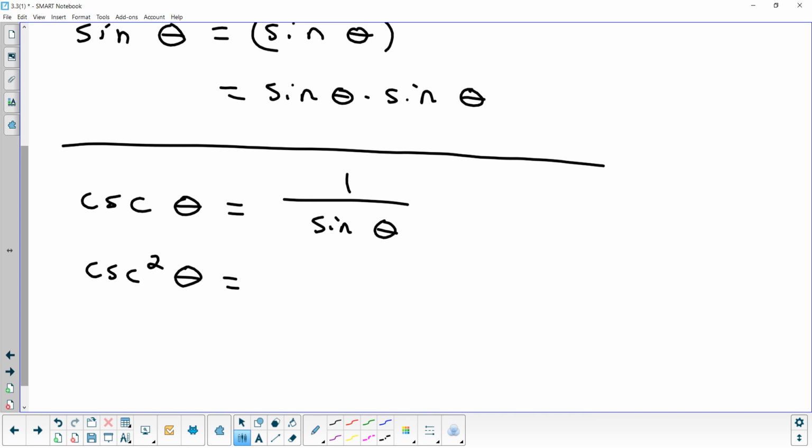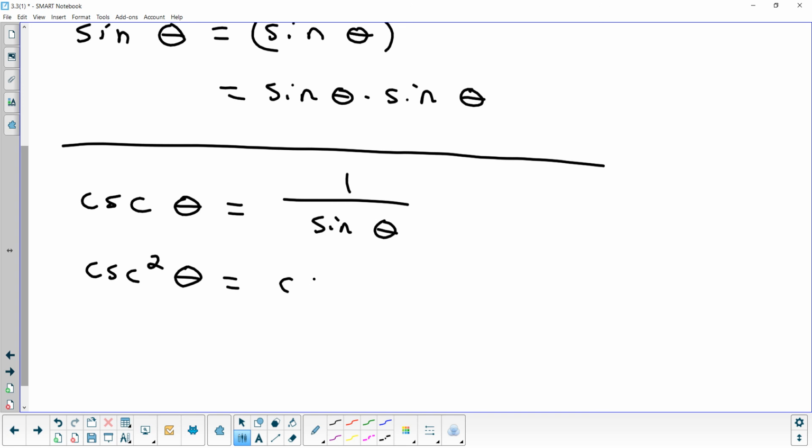what do you think I would do to get cosecant squared? If we're not sure, let's break it down. What does cosecant squared mean? If we just wrote it without an exponent of 2. Yep.